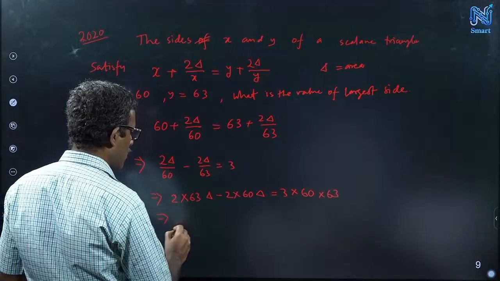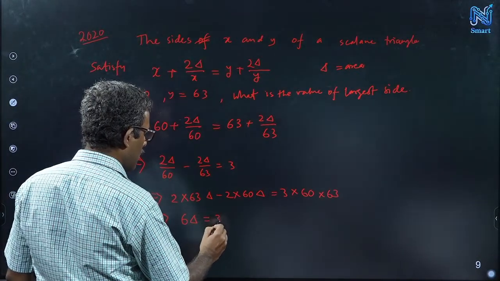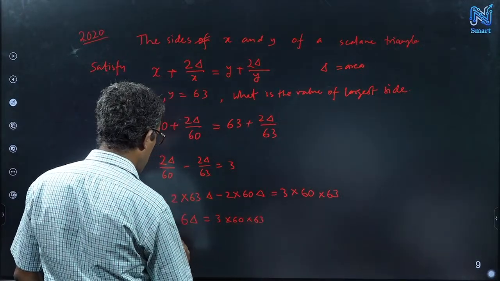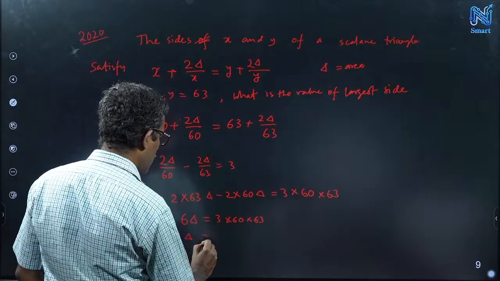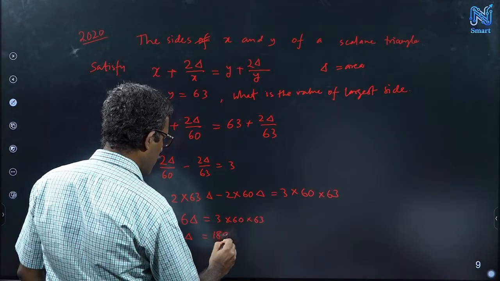Then 6 delta, right? And what is delta? 1890.